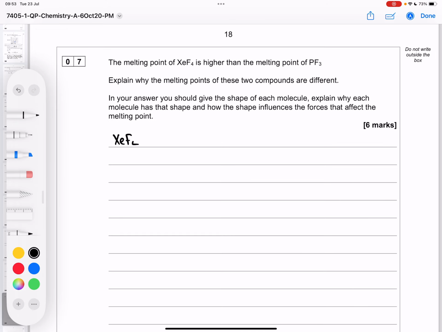XeF4. So Xe is in group 8 plus 4 electrons from each fluorine. So that's 12 electrons or 6 pairs. So we can see that there's 4 bonding pairs and 2 lone pairs around the xenon, the central atom, which means that our shape would be XeF4 is square planar.